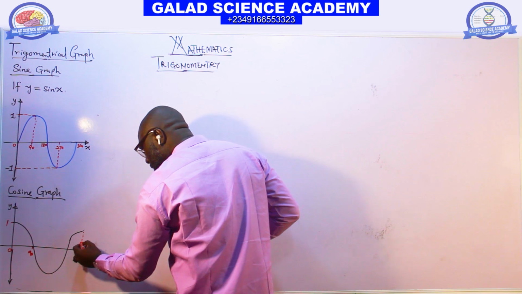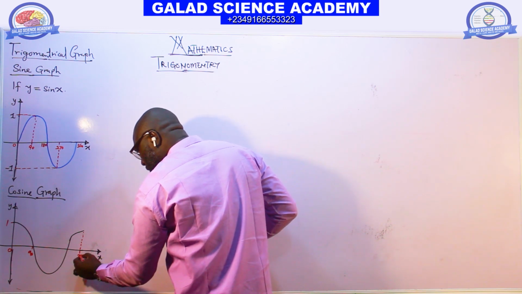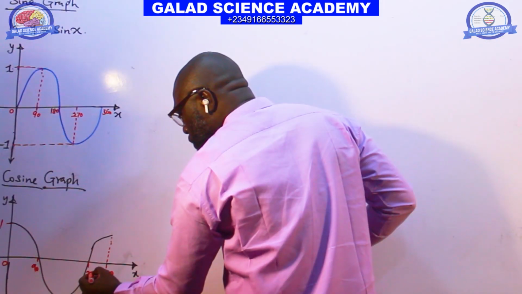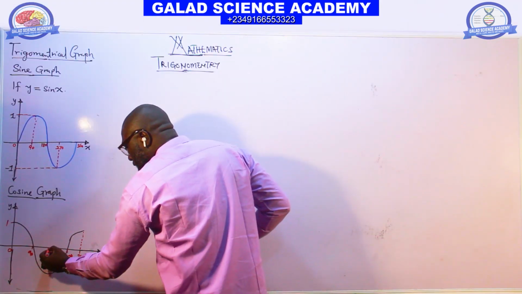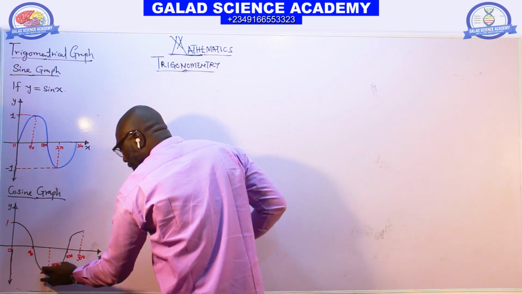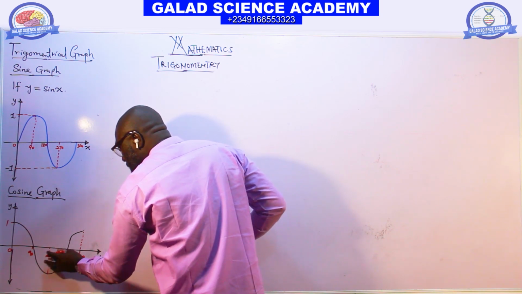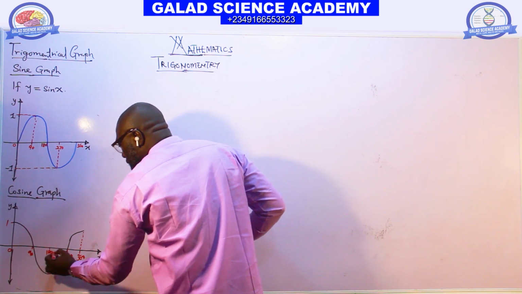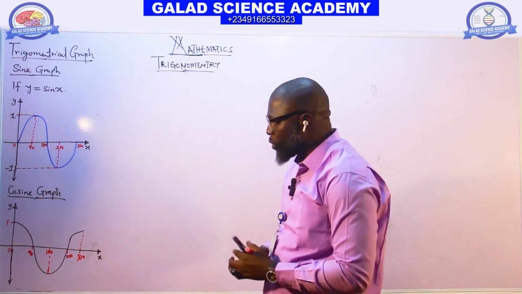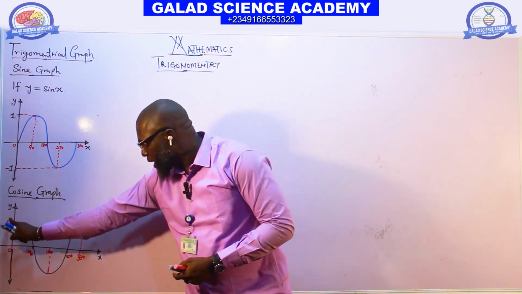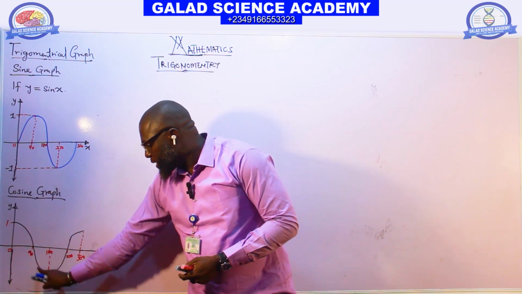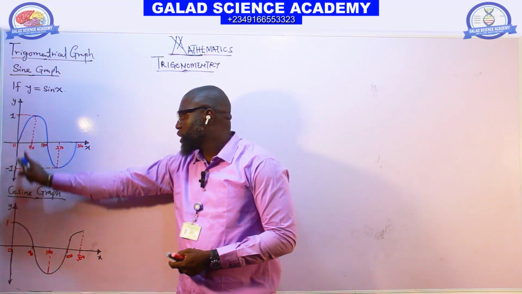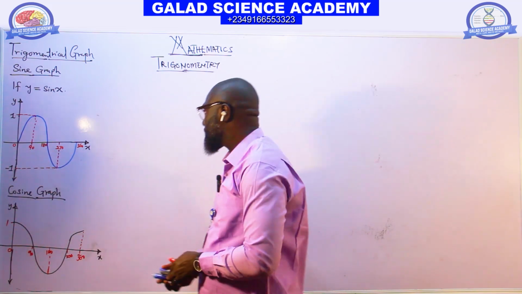This place here will be 360. This place here will be 270. The middle here is 180. So any graph that comes from up here, going down like this, is the cosine graph. If it comes from the origin, we call it the sine graph.